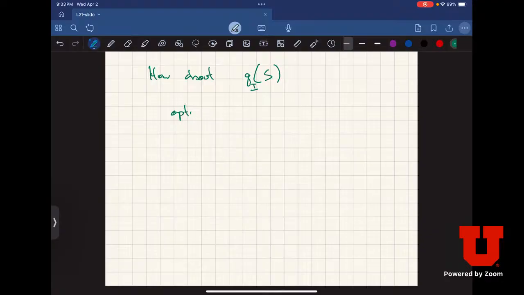Okay, so I have two options. Option one is that I say the query on S is defined as the size of X intersect the interval plus Laplacian noise. I'm going to add Laplacian noise on the answer for this query.